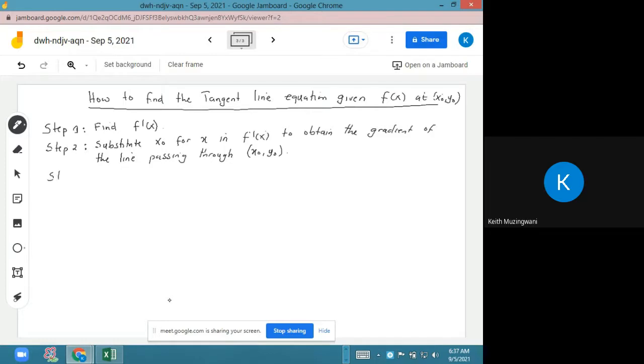Step 3: use y is equal to mx plus c and (x naught, y naught) to find the complete equation of the line.